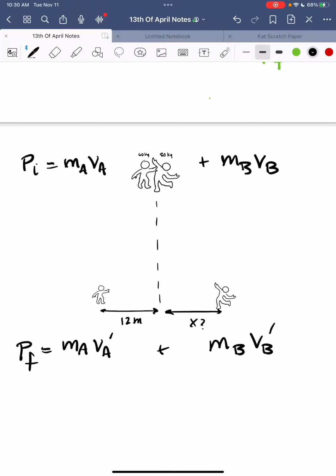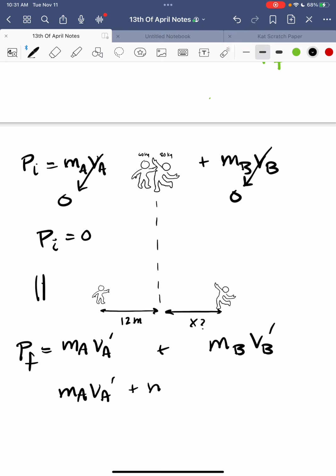So the first case is kind of easy. They're both just sitting here like that, and they actually have no velocity at all. So if I want to be honest about this, this velocity is 0 and this velocity is 0. So the initial momentum is just equal to 0. And because the initial momentum must equal the final momentum, what I can say is that this equation, the mass of astronaut A times velocity of astronaut A plus mass of astronaut B times velocity of astronaut B, all that has to equal 0.